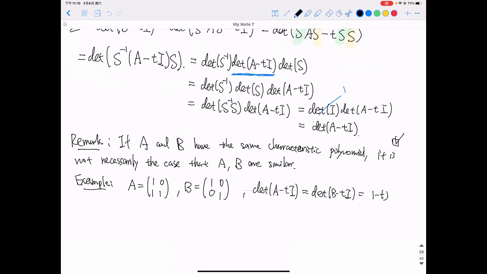It's (1 minus T) squared, that's pretty easy to see. But I claim that A and B are not similar.